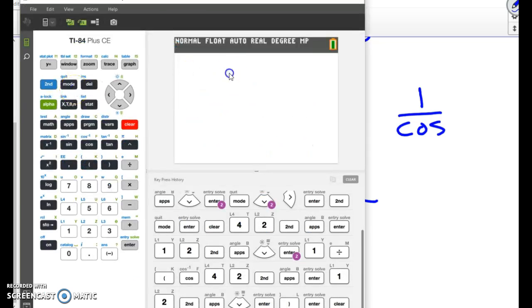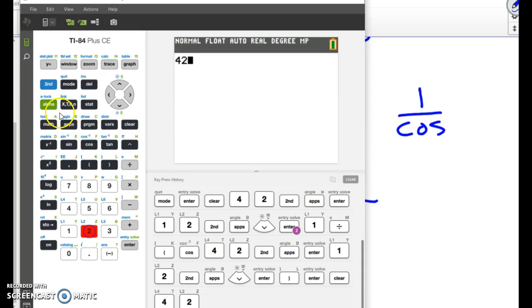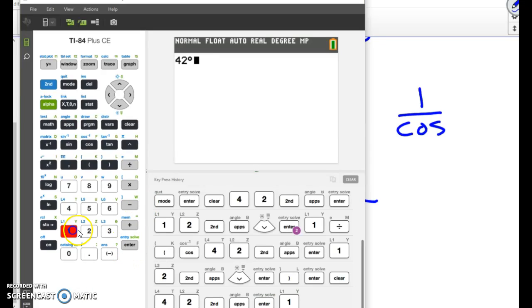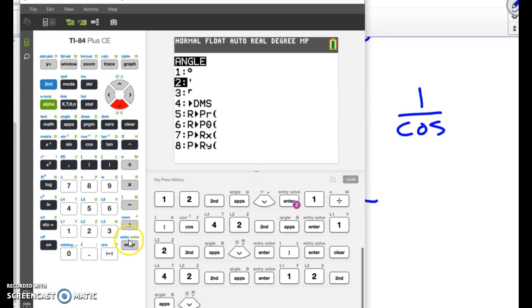Let's see if I can find my calculator again. So we want to evaluate 42 degrees, 12 minutes. 42, that's the easy part. We're going to go to the apps, right above apps. You can see we're using second angle. We're going to select that degree, 42 degrees, 12, back to the apps, to minutes, enter.